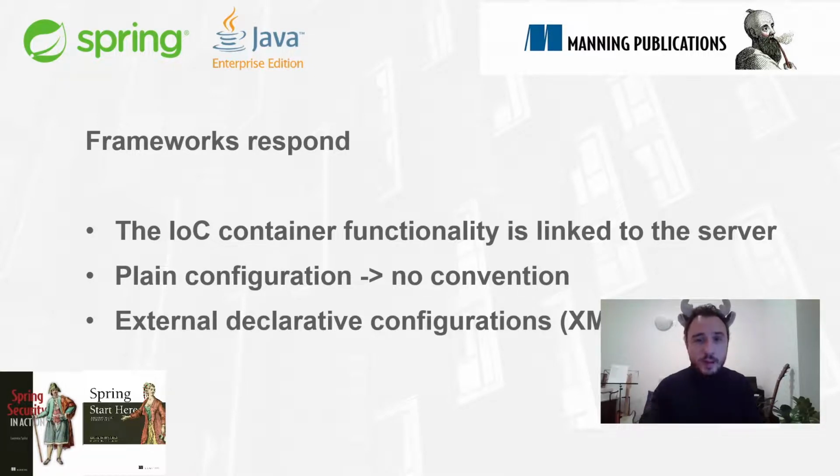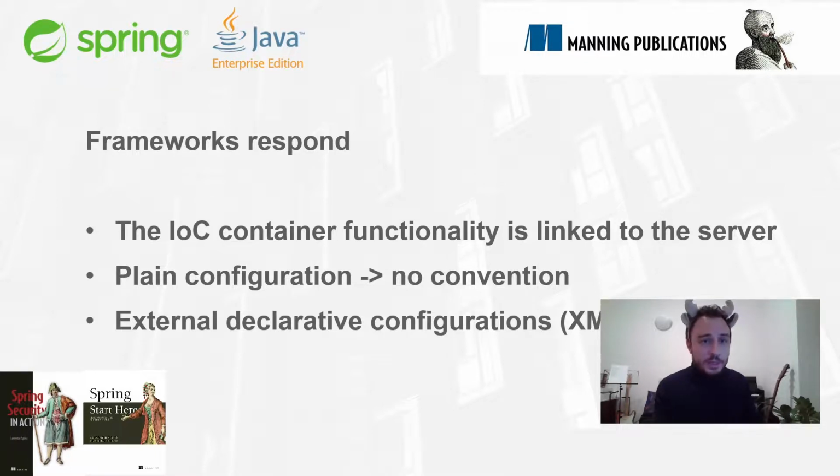You have multiple apps. Instead of separating them, you are actually doing the opposite. You are putting them and deploying them into the same instance of application server. And that's why I said the inversion of control container functionality started first as being offered by the server itself. In the case of, for example, an application server, it was the application server itself providing the functionality of the IOC.